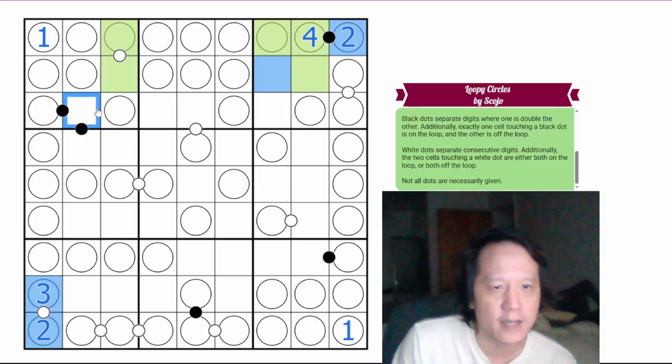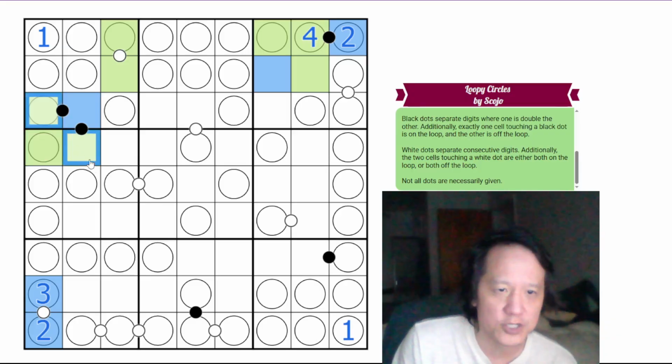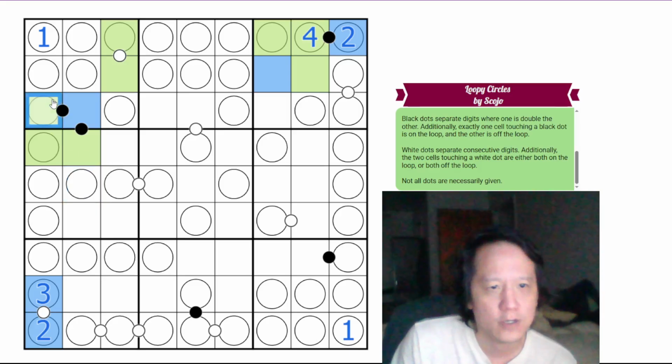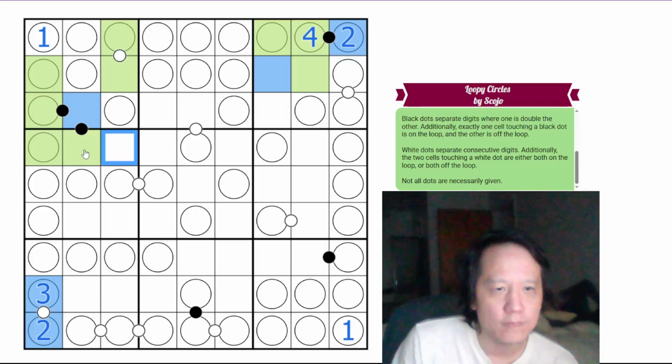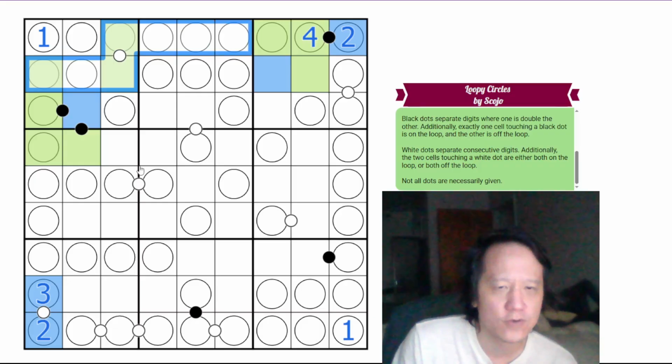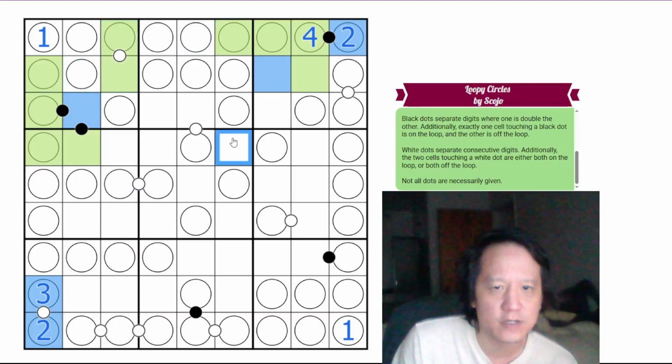So this cannot be on the loop. That means these two must be on the loop. Oh, sorry, they share a corner, so they must share a neighbor. This has to go this way. It could go here. That's fine. This has to exit out here. This could go here.